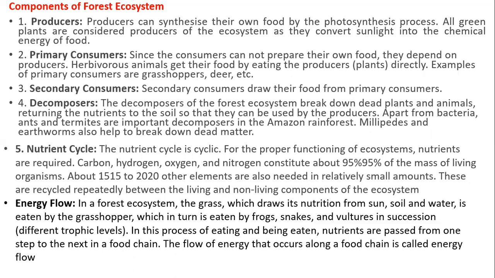So how does the nutrient cycle happen in the soil, and how does the recycling of air happen in the atmosphere? All these things play an important role in the forest ecosystem. This is actually a part of the forest ecosystem and it has been included here, so you have to answer all these things. What are the main components of the forest ecosystem? These are the main components, and they also help in the energy flow.